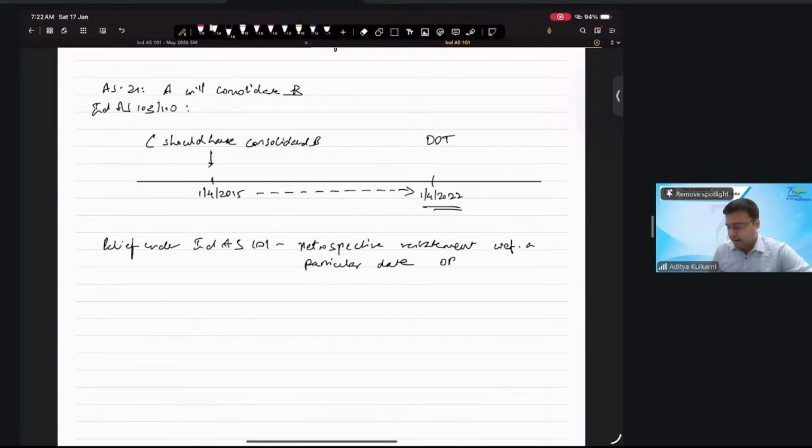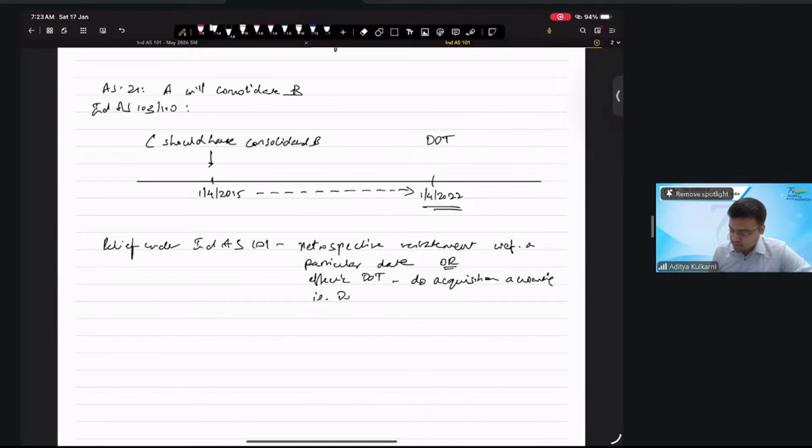Sir, should it be retrospective always? Answer is no. If you do not want to do retrospective restatement, then effective the date of transition, do acquisition accounting.